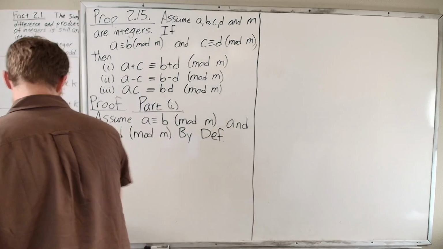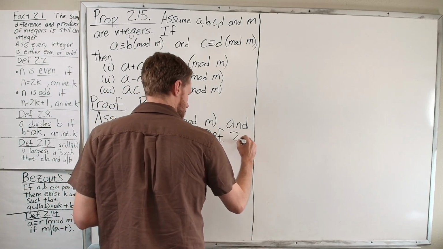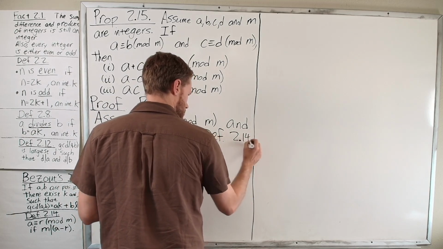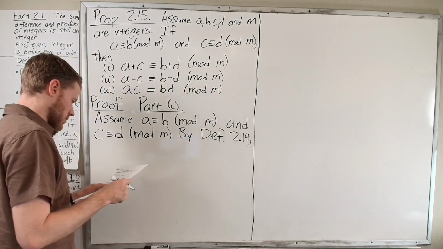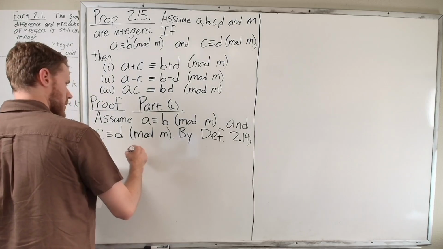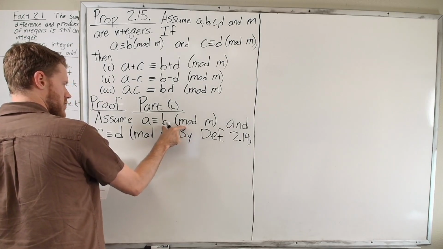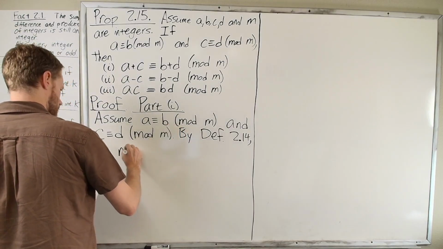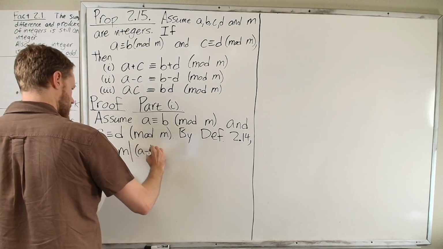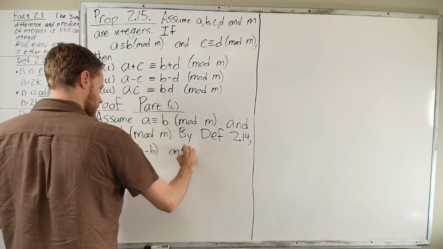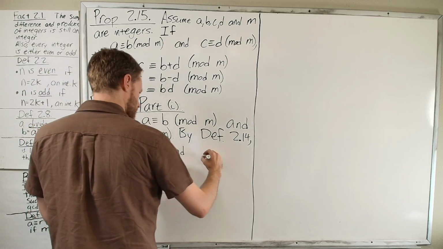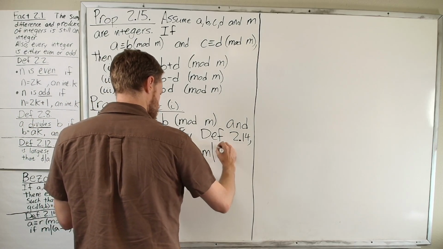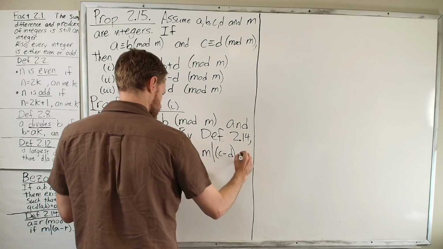As for me, it's simpler to just write 2.14 since I have it here. By definition 2.14, the first congruence equation means that M divides A minus B. The second congruence equation is equivalent to saying that M divides C minus D.